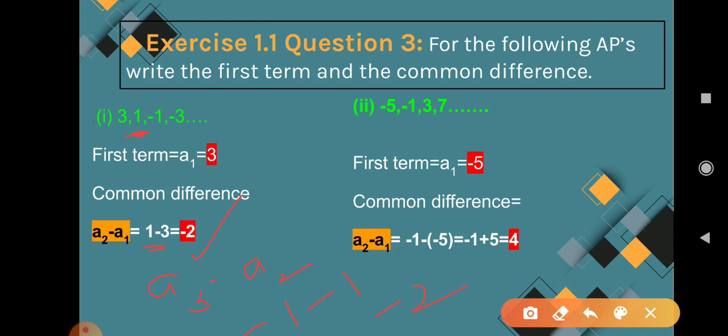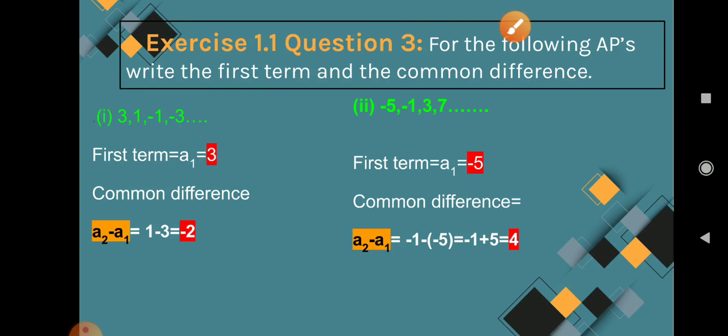So in each case we are getting the common difference D, that is minus 2. Just using the AP, observe the first term, the first number itself is the first term, and subtracting the preceding term from the succeeding term, we will get the common difference.